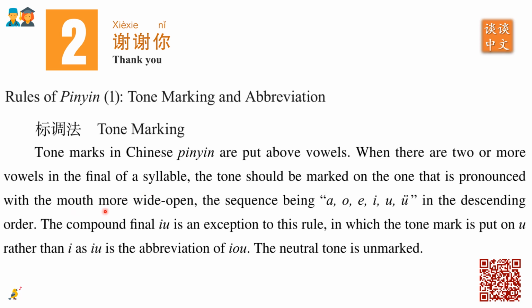It is actually based on how wide your mouth is opened, basically A, O, E, I, U. So you should remember this sequence. It will help you in tone marking, and if you can understand where the tone will be, it will help you to improve your speaking. It will improve your Putonghua, that is standard Chinese accent.